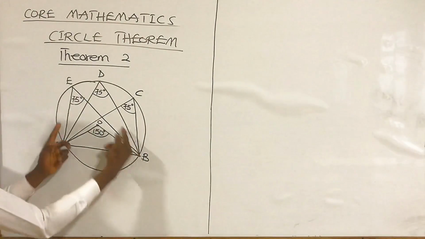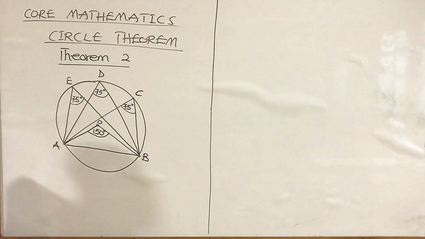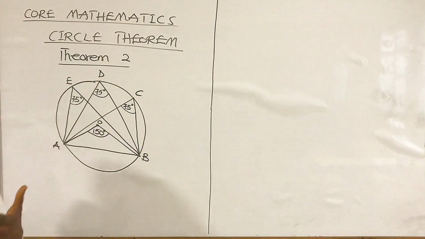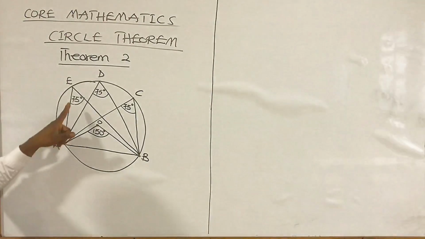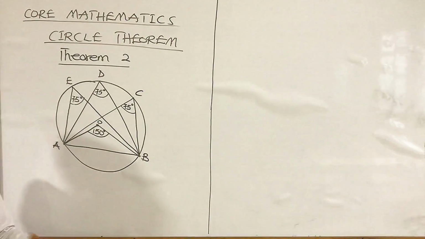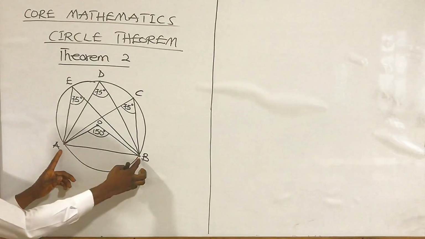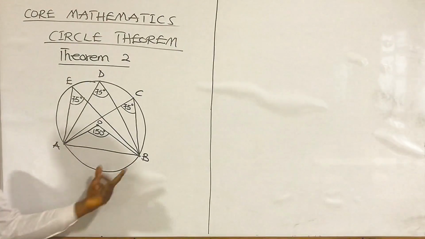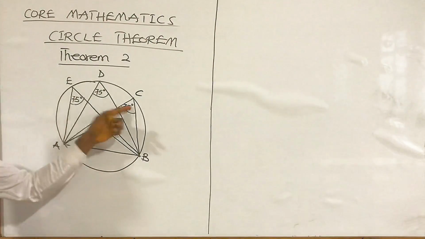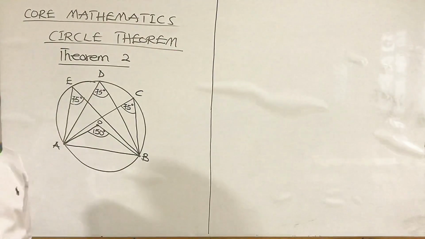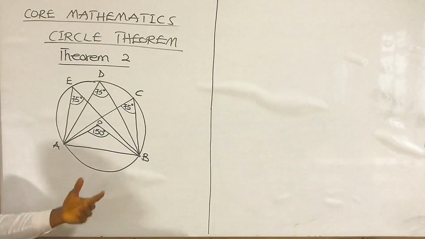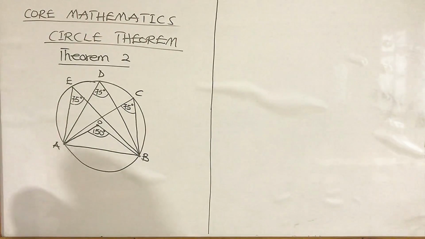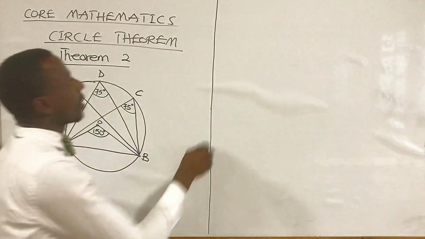So it will give us common angles. This is just like these three angles, they are all siblings coming from the same mother, from the same father, and they have the same bloodline. So that's basically about Theorem 2. Now let's look at the reason, then we look at an example.